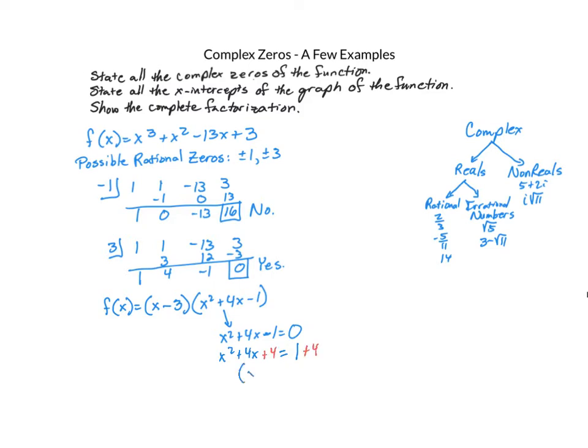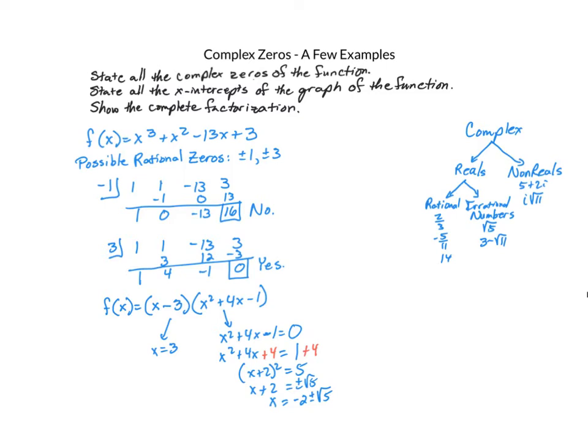So I have x plus 2 squared equals 5. And when we take the square root of both sides, we have x plus 2 equals plus or minus the square root of 5. Or x equals negative 2 plus or minus the square root of 5. And notice, of course, over here we have x equals 3, which we knew we had because we could tell right here that 3 was a 0.